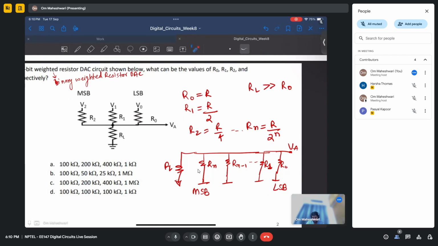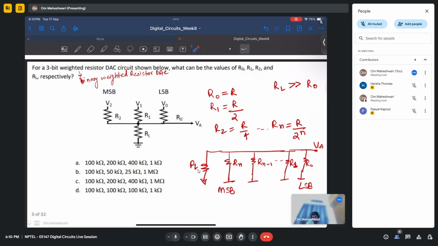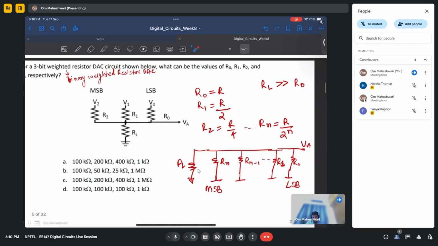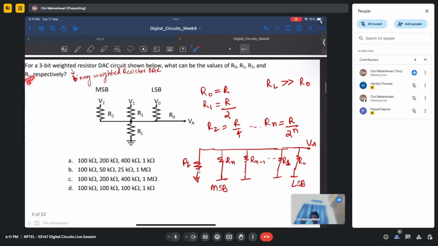So what can be the values of R0, R1, R2 and RL? The values should be such that if R0 is some value, R1 should be half of it, R2 should be half of this, and similarly the last one would be much smaller, and RL will be much more than all of it.